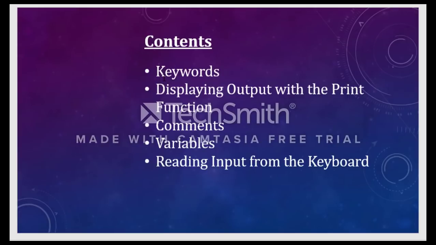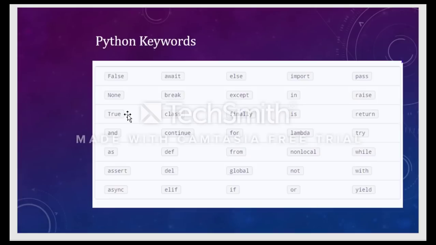So these statements have to adhere to the syntax of the language. Let's start with learning what keywords we have in Python programming. Like all other programming languages, we have some keywords. Similarly, here in Python, we use some different keywords to write a program.